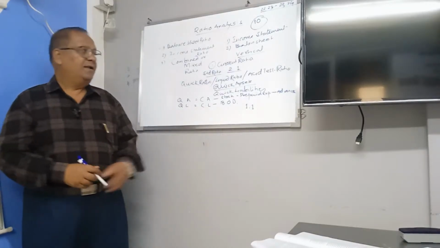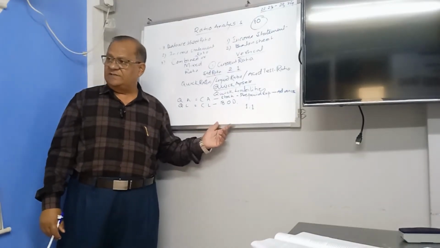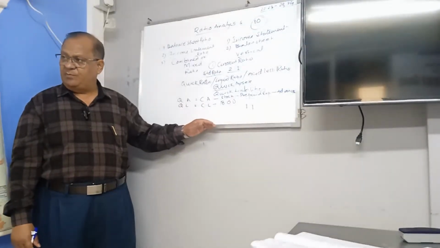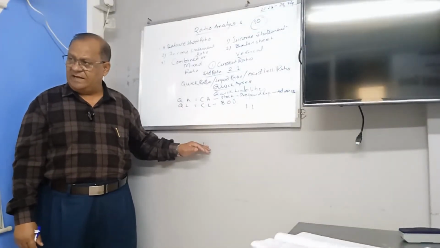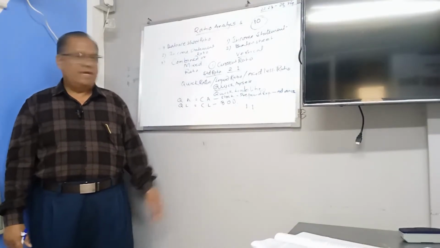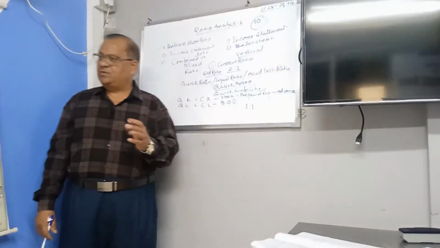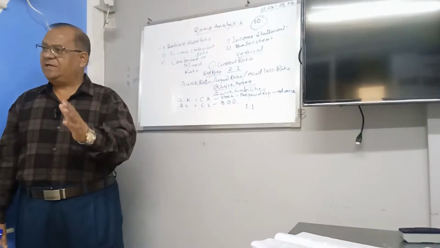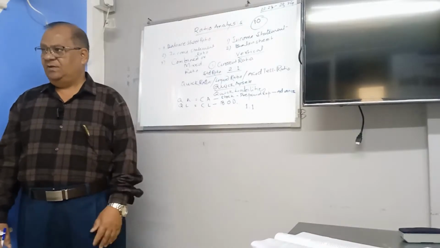You will get net profit before interest and tax. Then less interest, net profit before tax. Less income tax, you will get net profit after tax. Therefore, net profit ratio is net profit divided by net sales multiplied by 100.